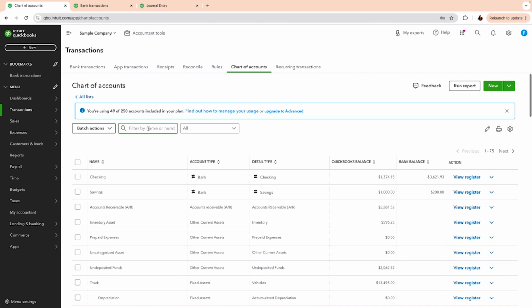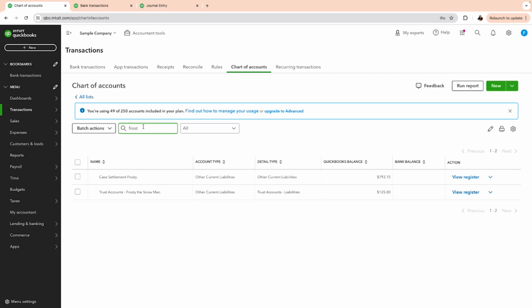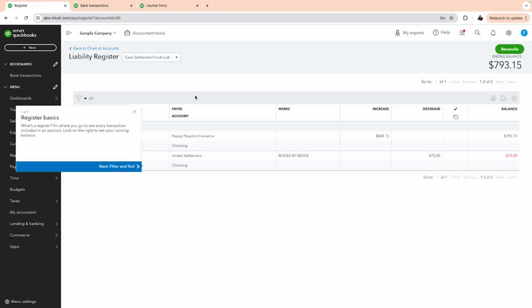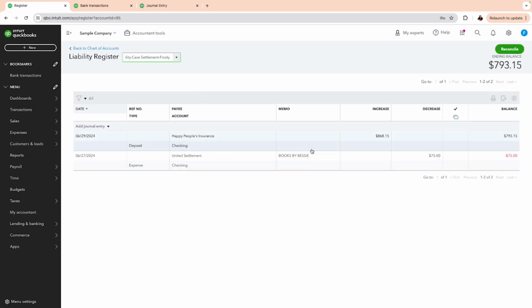So we're looking for Frosty case settlement. We're gonna view register, and you're gonna see the income from the insurance company of $868.15, and the United settlement, you paid this $75, and then the remaining balance should be $793.15.